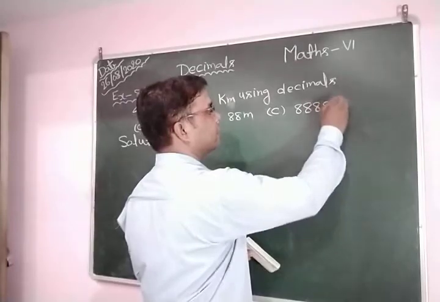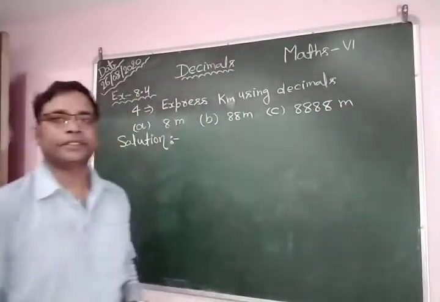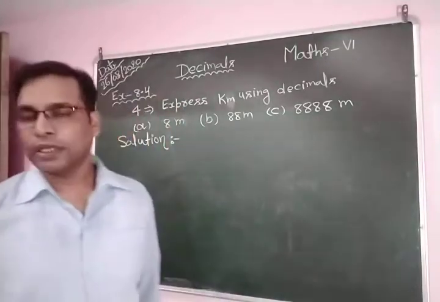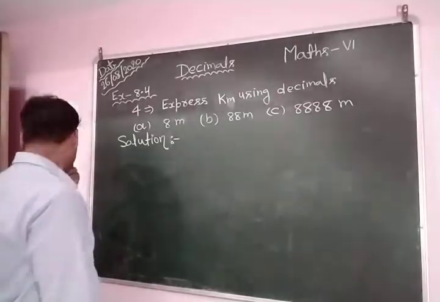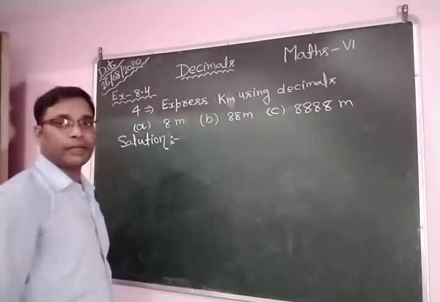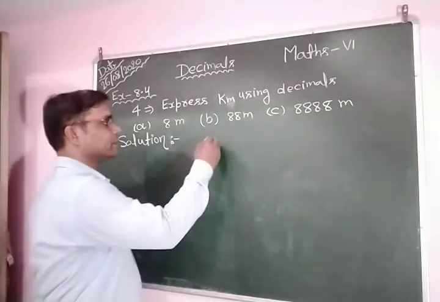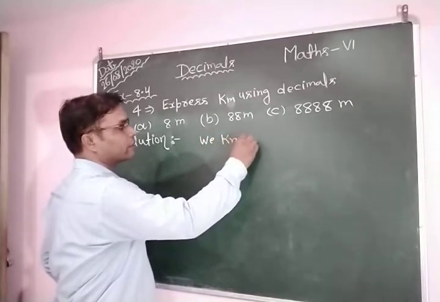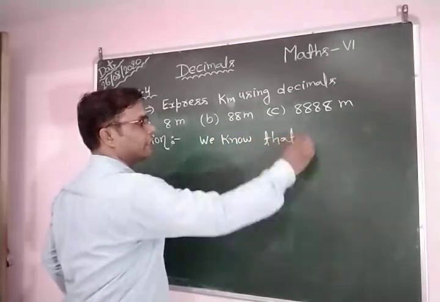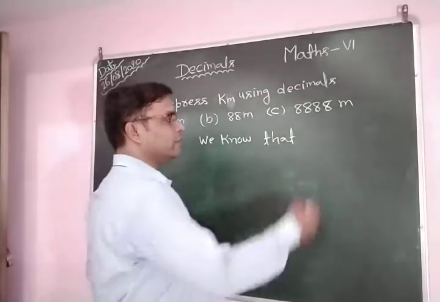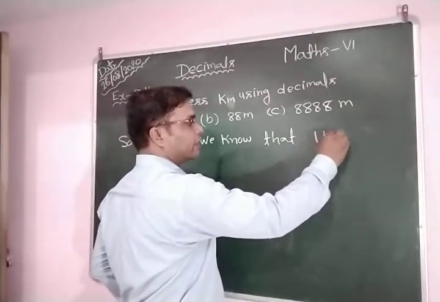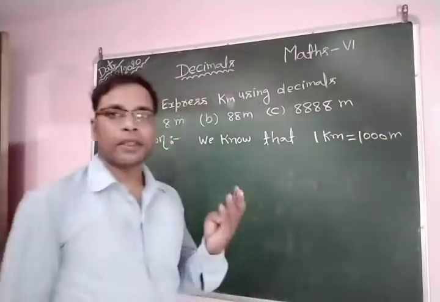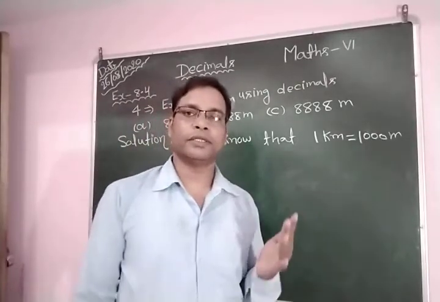This is given 8888 meters. Suppose this is 1 extra 8, so this is 8088 meters. So now we need to convert it into kilometers by using decimals. We know that 1 kilometer is equal to how many meters? 1 kilometer is equal to 1000 meters.